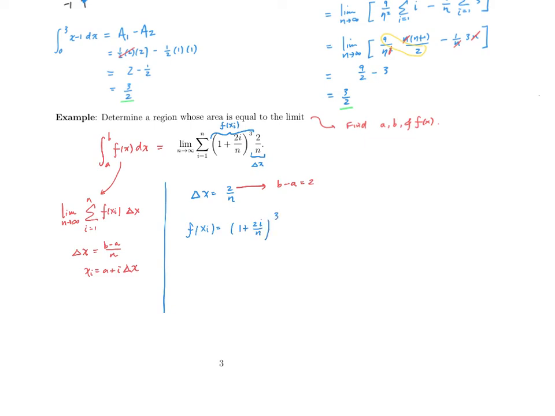So my guess from looking at this is maybe f of x is cubing, and this quantity being cubed would be our x sub i. So if x sub i is 1 plus 2i over n, this 2i over n is the i delta x, which means 1 is equal to a.